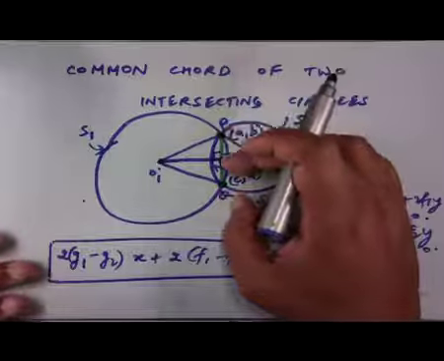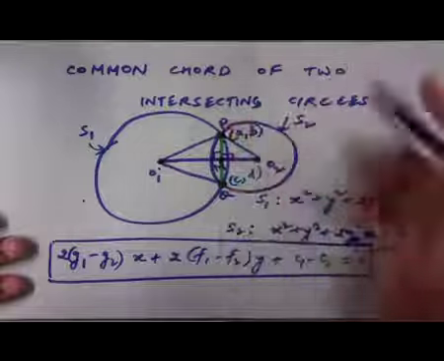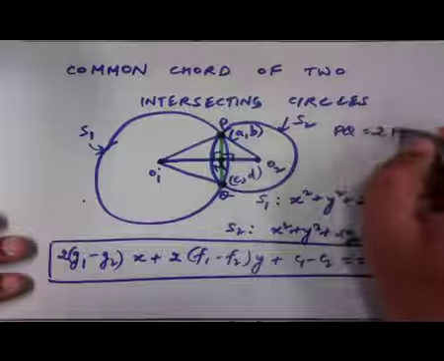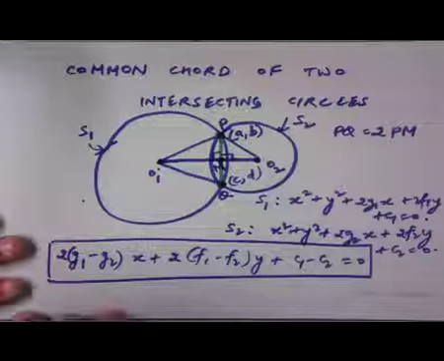Since M is the midpoint of this chord PQ, the length of the chord PQ will be equal to 2 times the length of PM.